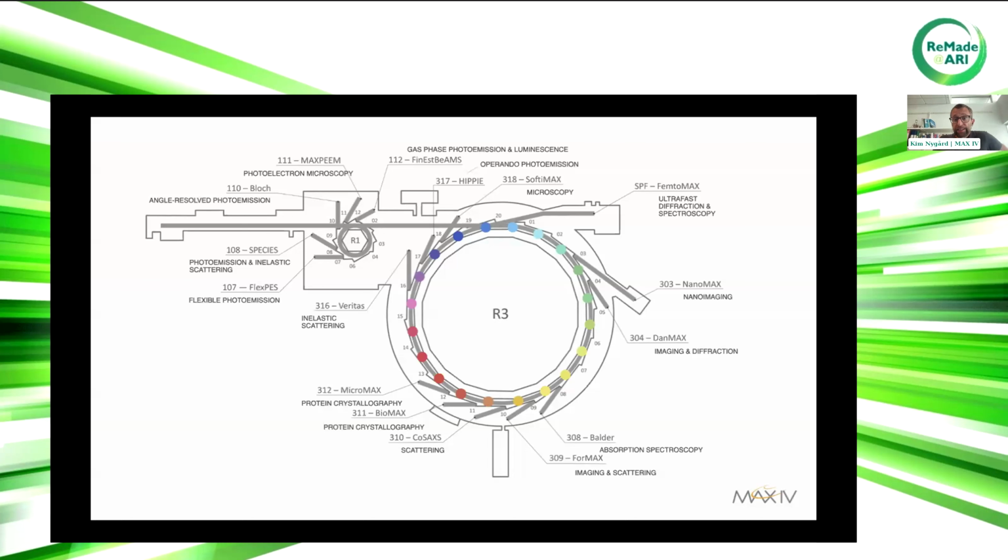With the energies at which we operate these accelerators, we reach up to X-ray energies. And then we can do X-ray scattering, diffraction, X-ray imaging, X-ray spectroscopy. And we're currently operating 16 instruments, which all differ in terms of the X-ray techniques that they provide and the kind of science they are suited for.